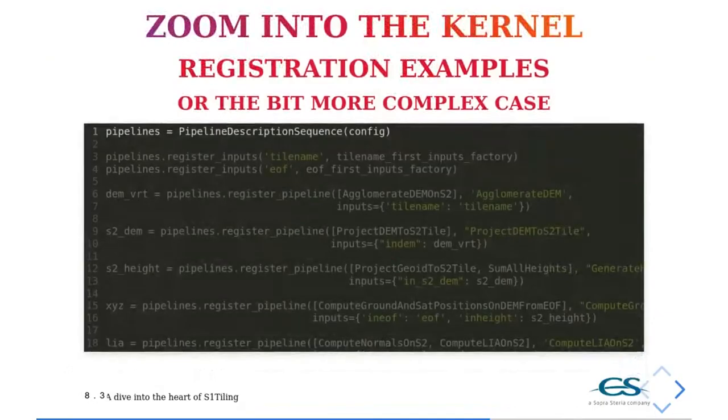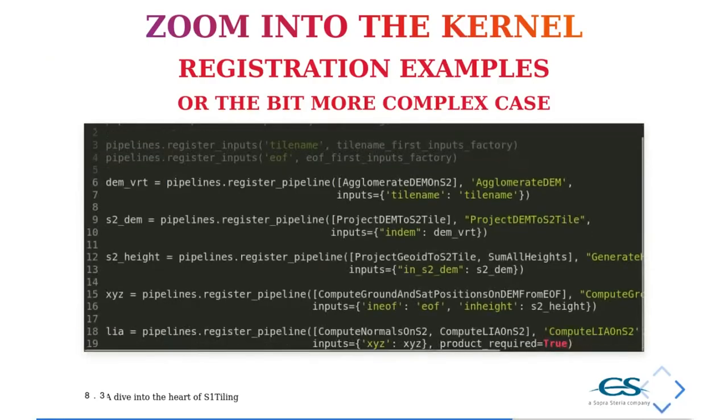In the more complex case, this time I register two other kinds of inputs. And these inputs are not Sentinel-1 products. One is the processor bit file. The other is something that can be used to extract information about the tile I want to work on. Okay?